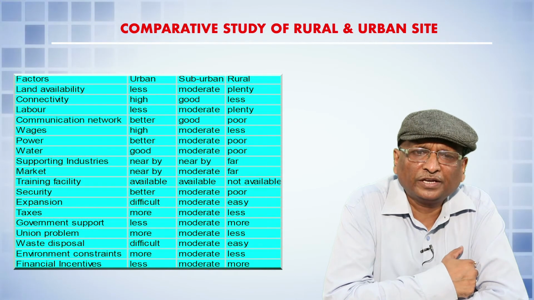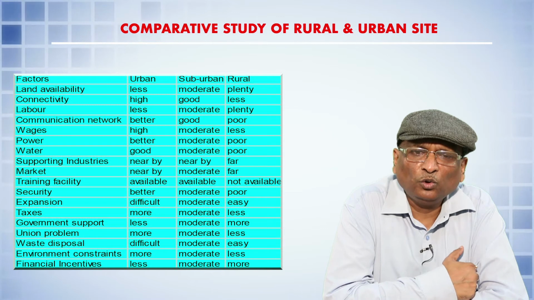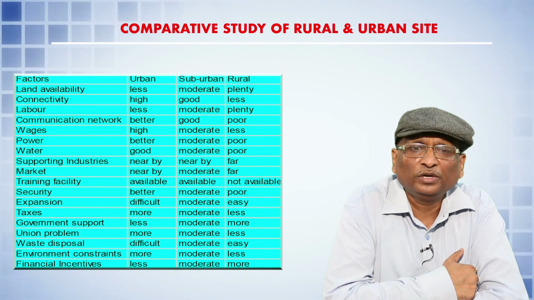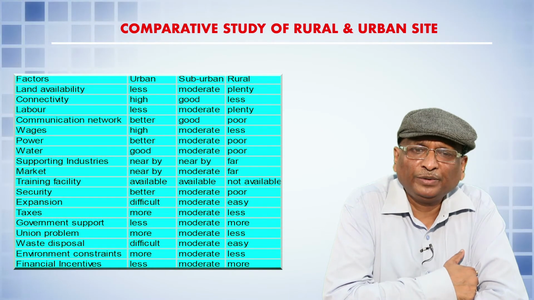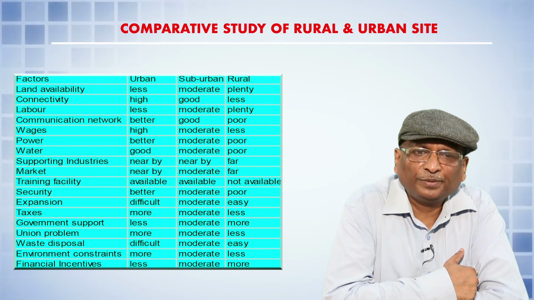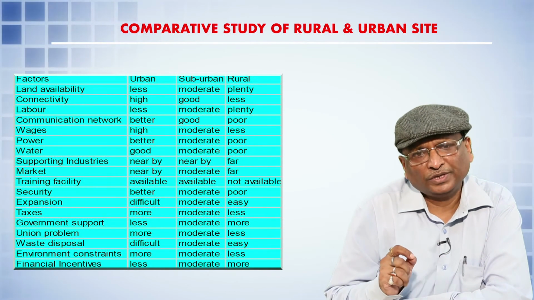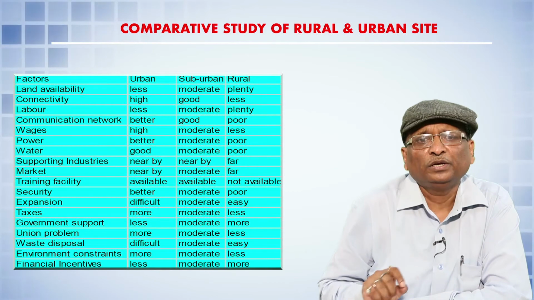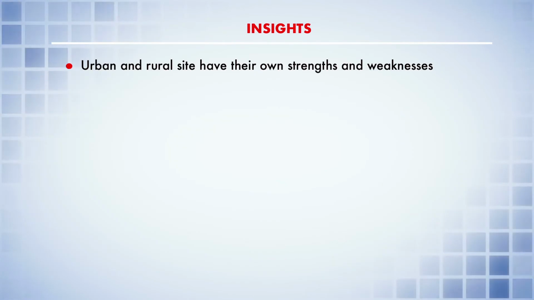Sometimes government gives low interest rate financial loan for making business or developing a unit in case of a particular location. So, you will find that with this comparison, rural and urban areas have their own strengths and weaknesses.